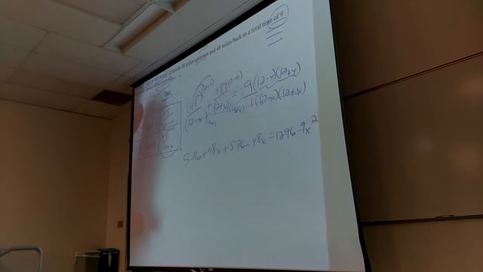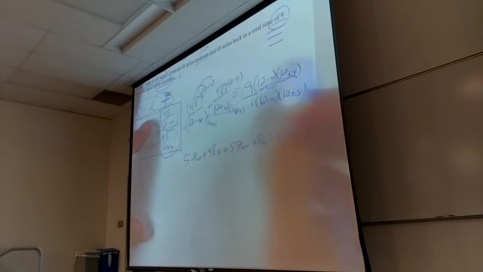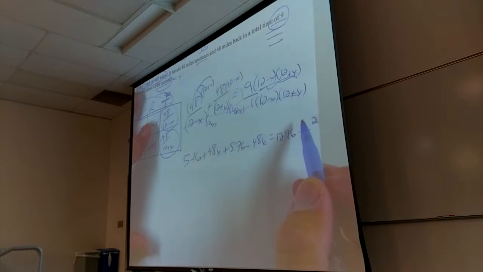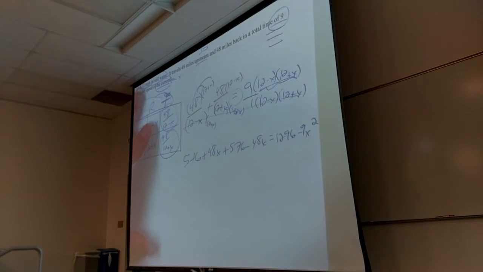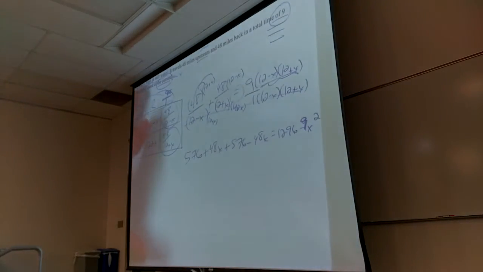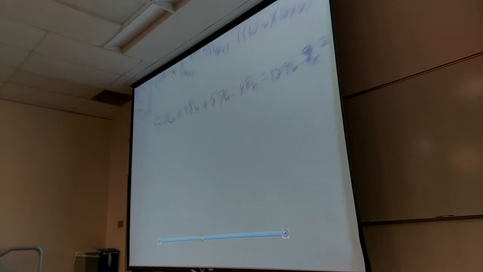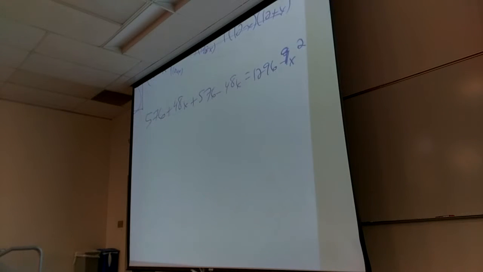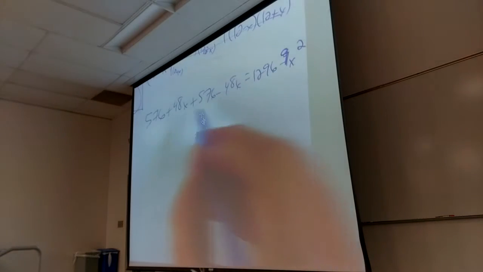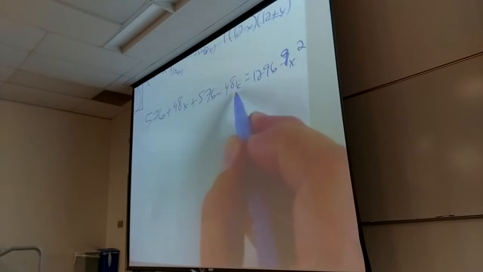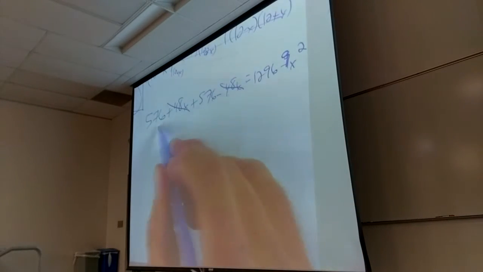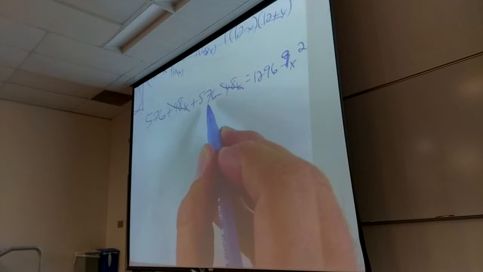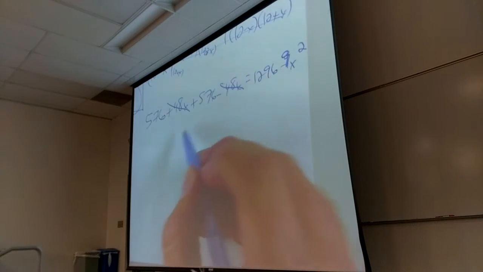Now again, do you have to be able to do what I just did? No. You multiply this out, and then you distribute a 9 through, and you'll get here. What's happening? What happens on this side is nice. 576 plus 576 is 1,152.